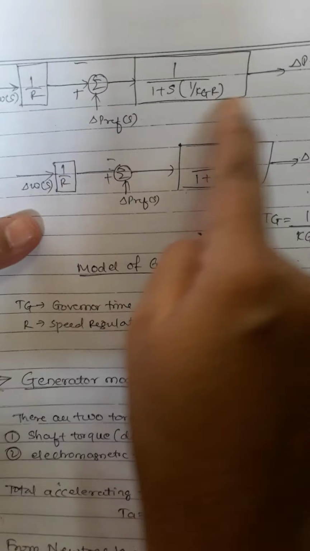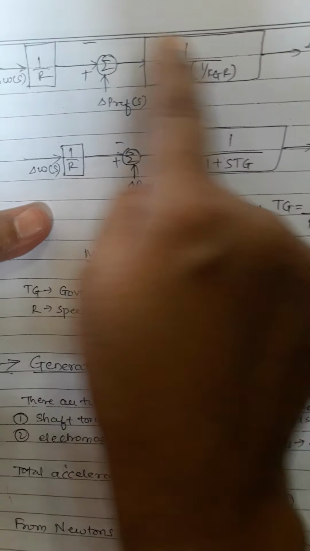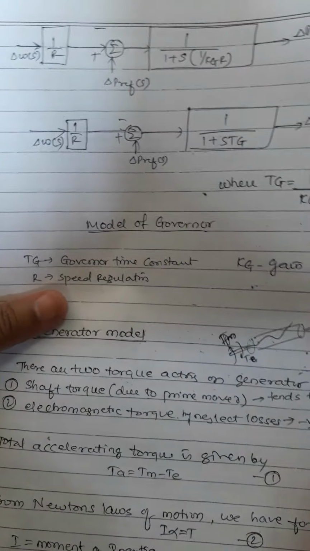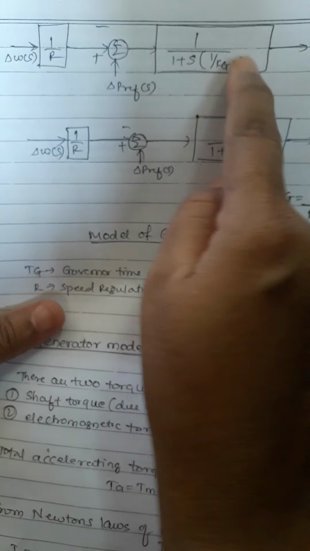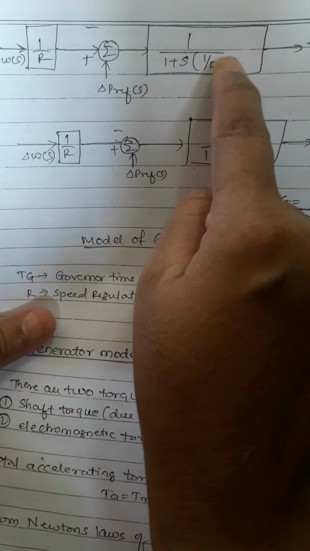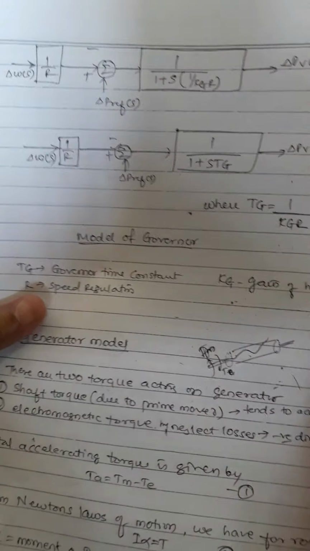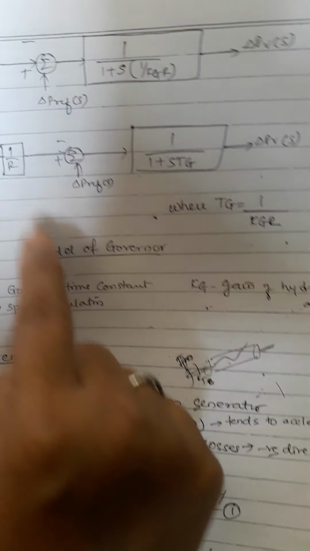This is nothing but the droop. The same system can be minimized here: 1 upon R, then 1 upon 1 plus s upon Kg R. This is nothing but the integral of the above system. Again, the combination of these two can be solved as into 1 upon Kg R, so 1 upon 1 plus sTg. Here this is nothing but the reference point.